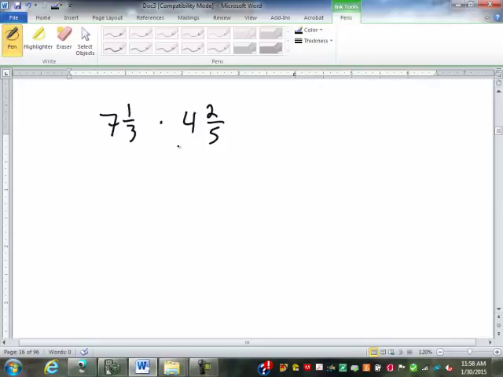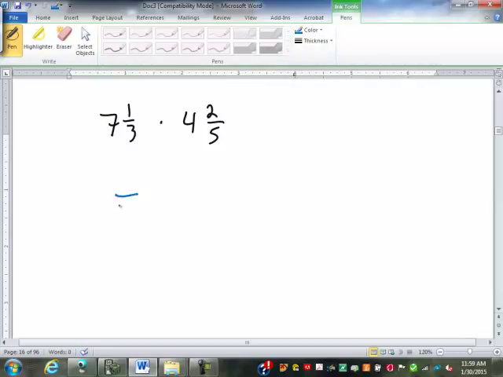Multiplying mixed numbers is actually an extremely difficult process. In fact, if you were to go to a university and find 10 math majors, I would bet you that probably not any of them would be able to show you how to multiply mixed numbers correctly. It's a very tough process. So what we do is we avoid it. And we avoid it by turning them into improper fractions.